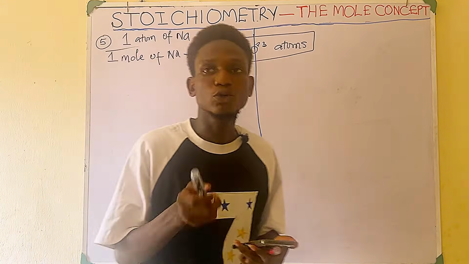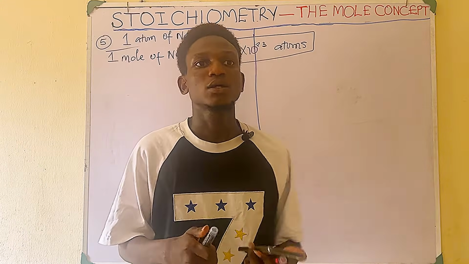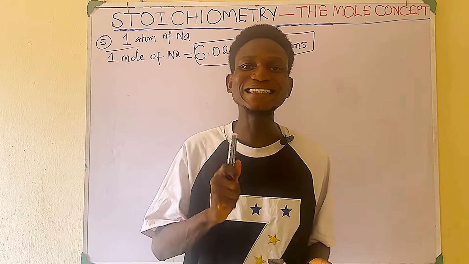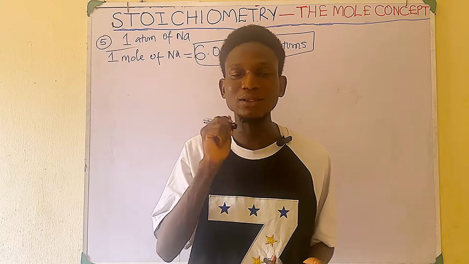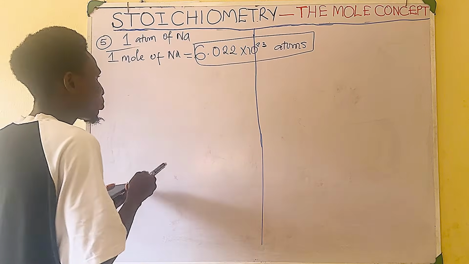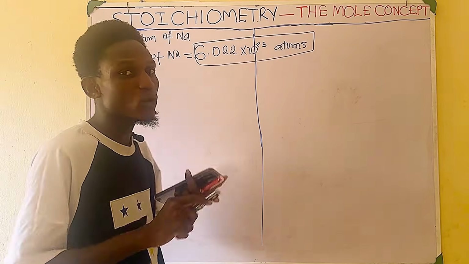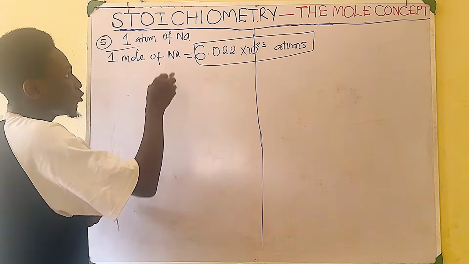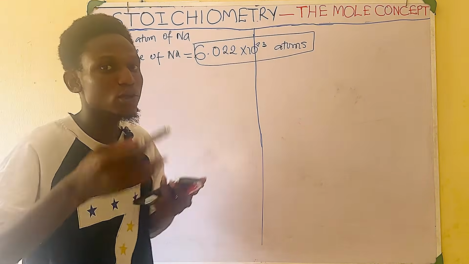Now, I want to note something. Just write it. Note, important point: the mole is the amount of a substance that contains Avogadro's number of particles, either atoms, ions, or molecules. I think I've said previously that Avogadro's number involves atoms, molecules, or ions.